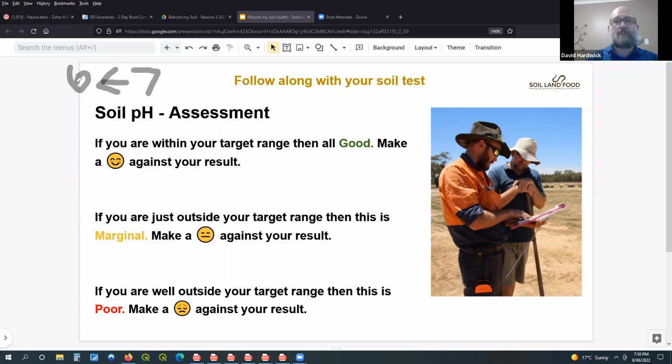So when I go from 7 to 6, that's 10 times more acid. When I go from 6 to 5, that's another 10 times more acid. So altogether, that's 100 times more acid in my soil when I go from 7 to 5. Can everyone see that when you go under 5, there's heaps more acidity than when you're around 6, 6.5? So it's better not to get to that position.